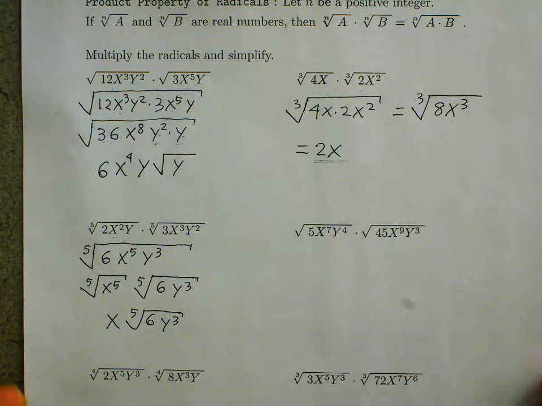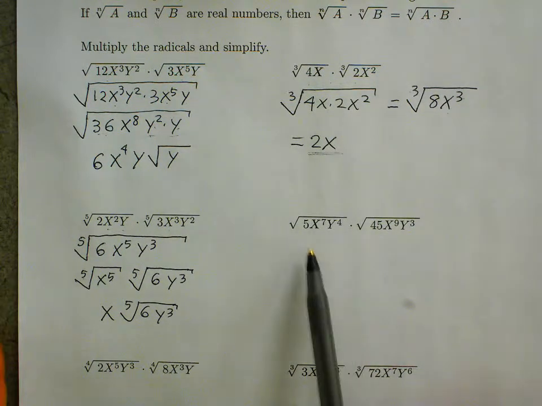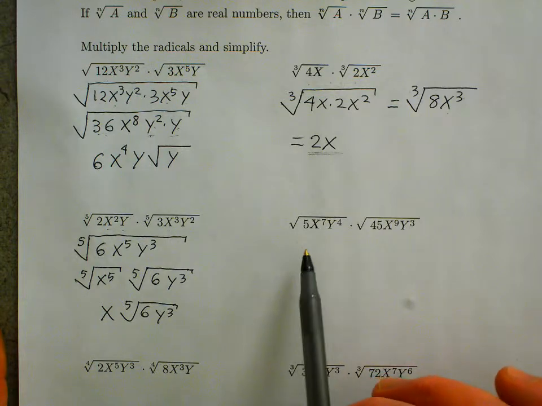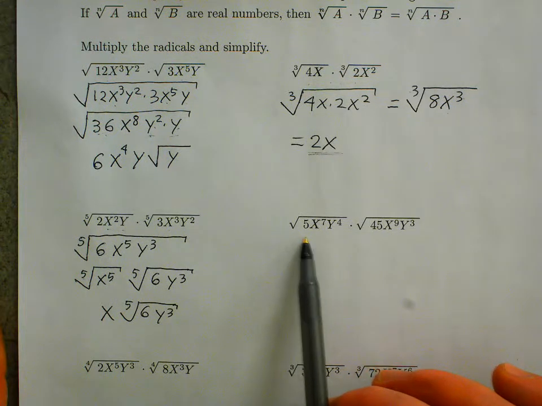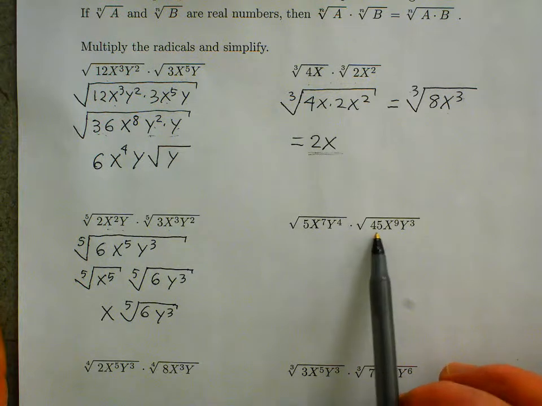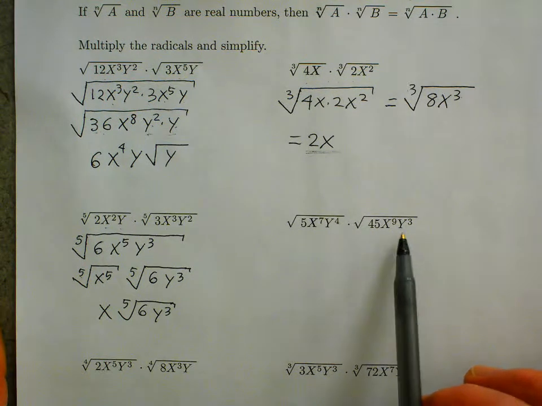Okay, the next one involves a product of square roots. The square root of 5x to the seventh y to the fourth times the square root of 45x to the ninth y to the third.